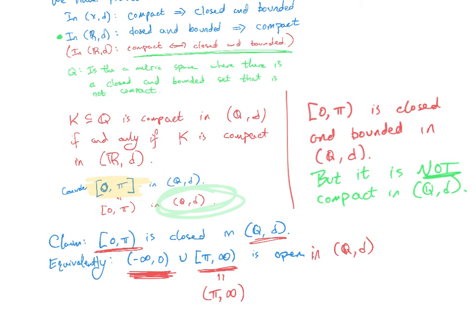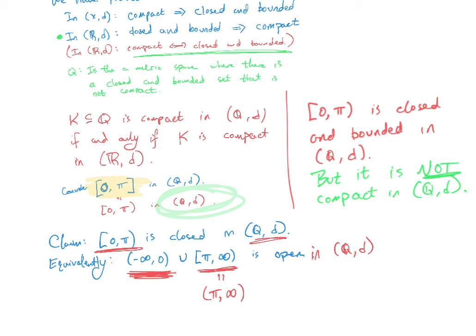Okay? And the quick reason that it's not compact in the rationals is that it's not compact in the reals, and compactness is intrinsic. So what happened here? We said when we're switching between the reals and the rationals, boundedness doesn't change.